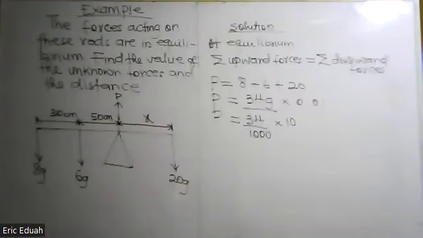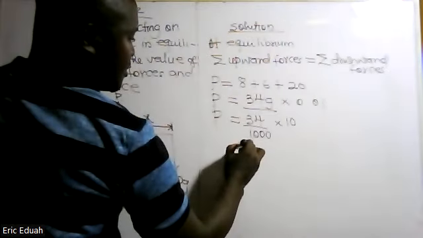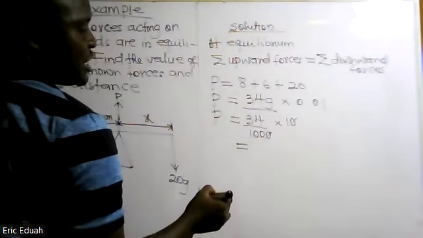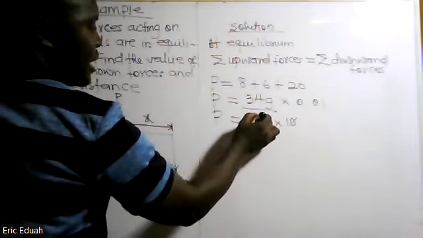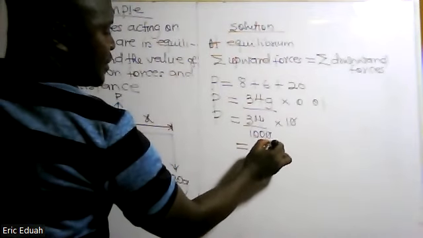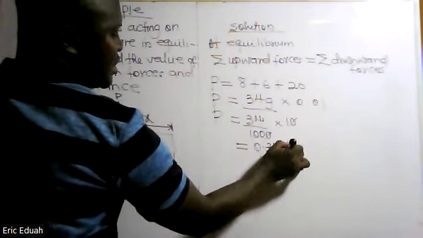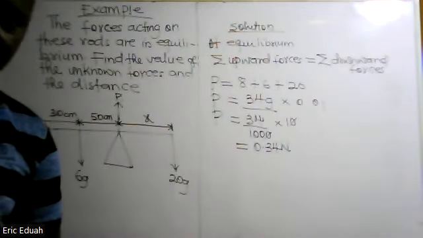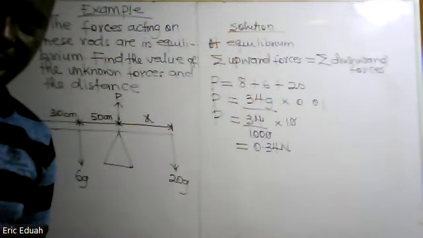Please, are we fine? Are we okay? So it means P will be equal to 0.34 Newton. Please, are we okay? Eliana?